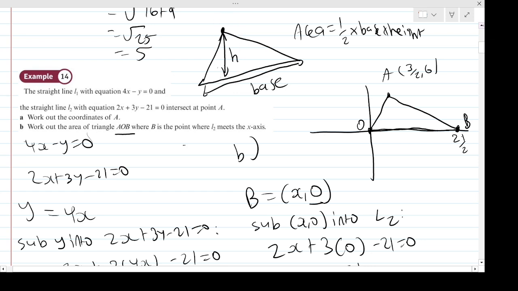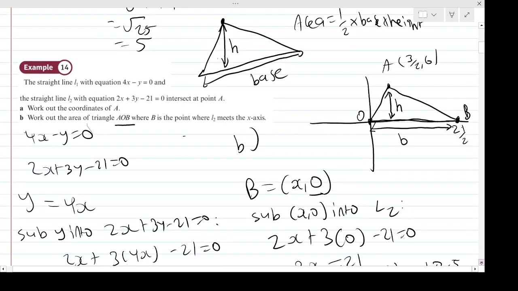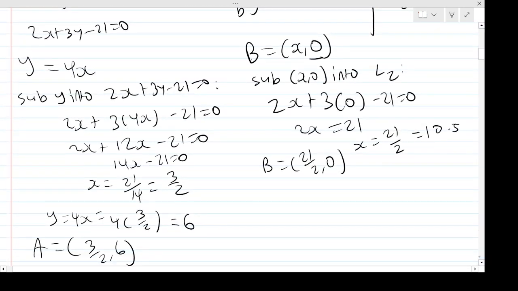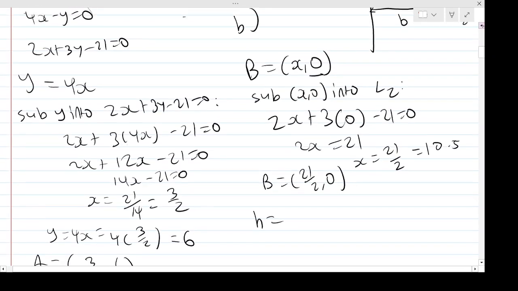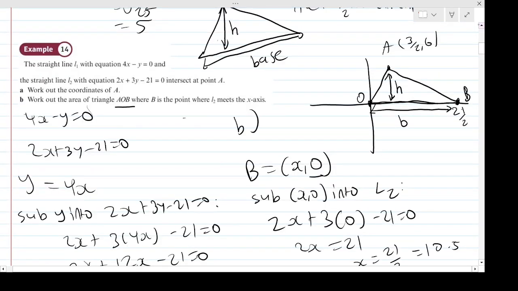So from the top point, H in this instance would be that vertical distance from the point A all the way down to the origin there. And the base would be that distance there. We can work that out because we know what all the points are, which allows us to work out the lengths we need.